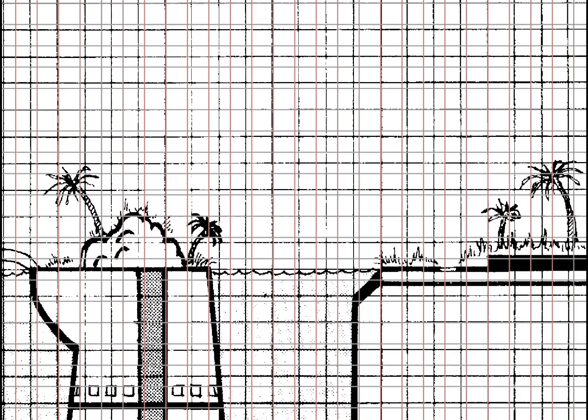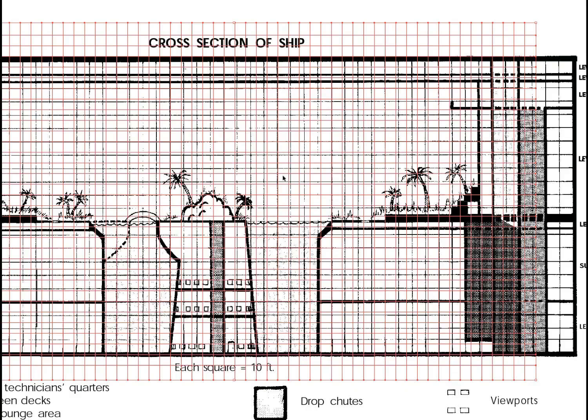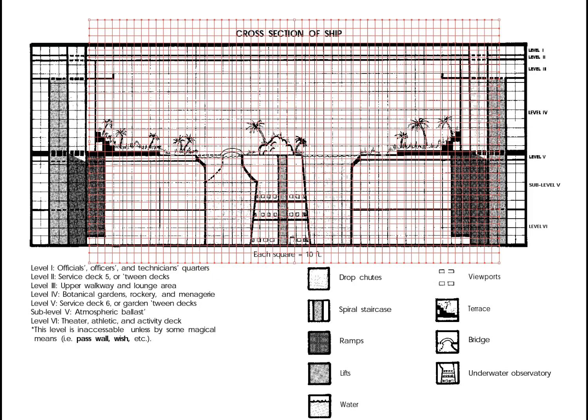Now we can see that the grid on the scan doesn't quite line up with the light gray grid, which is what I've drawn. So we need to scale it so things fit properly.